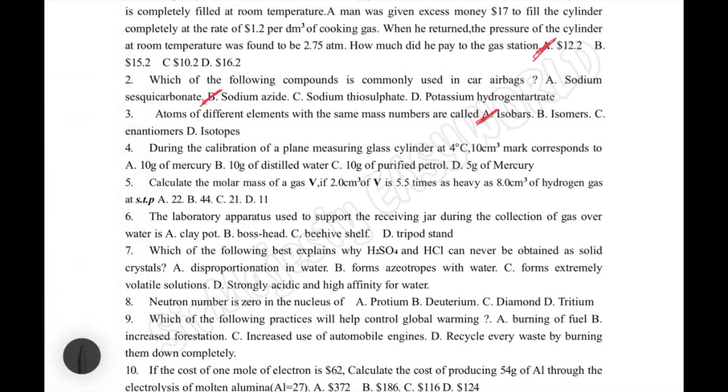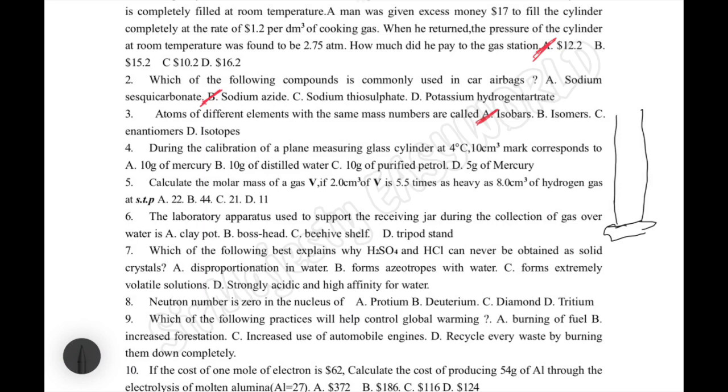This is asking us about how calibrations are done, meaning if we have a measuring cylinder that is not yet calibrated, you use water for calibration because the density of water is 1 gram per cm cube.